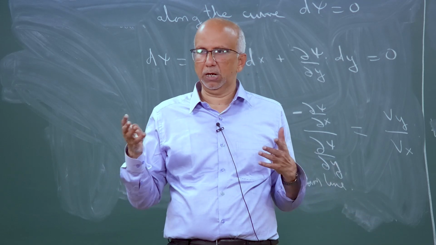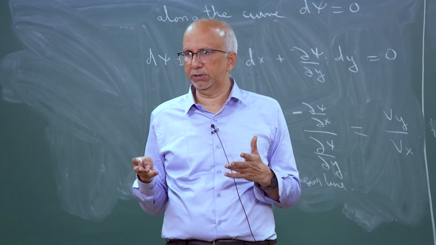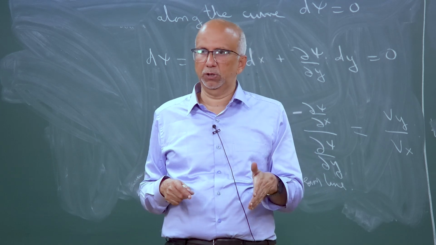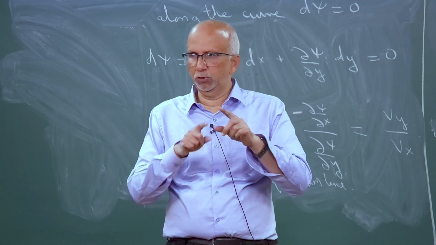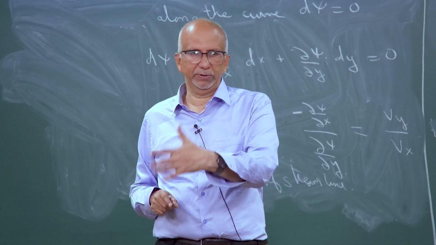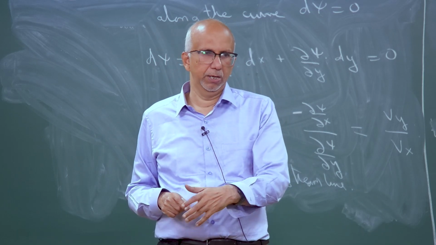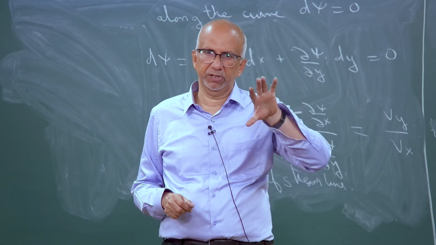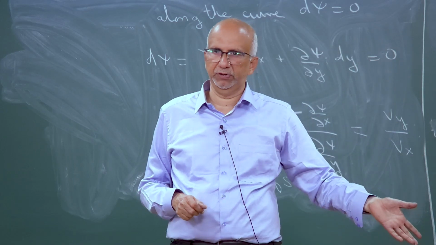Okay. So, that is the analogy you can think of. Rather than solve three equations in three unknowns or two equations in two unknowns, I am doing a manipulation to convert this to one equation and one unknown. The one equation could be stream function, okay, and then we proceed and find the solution for the stream function. Once I get the stream function, I can get the velocity field.